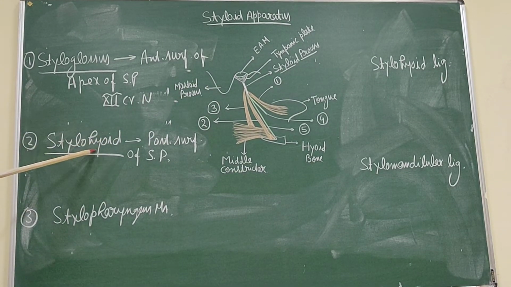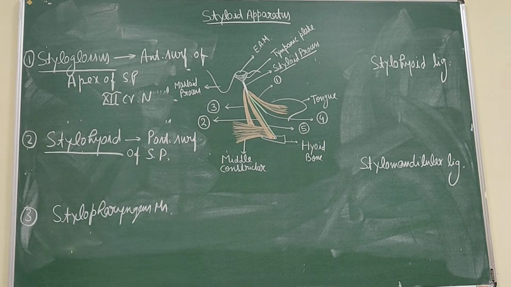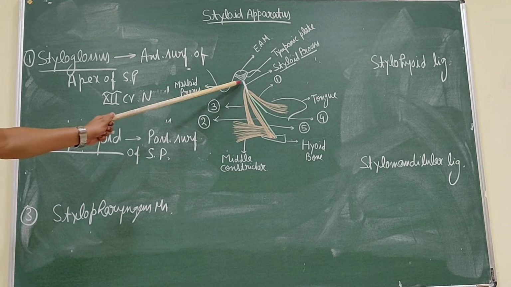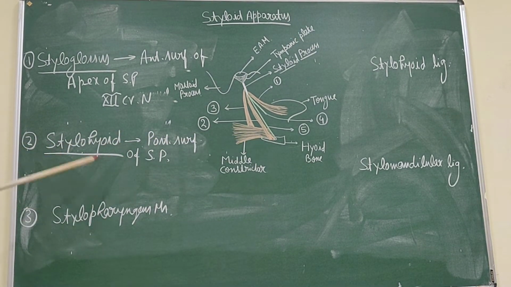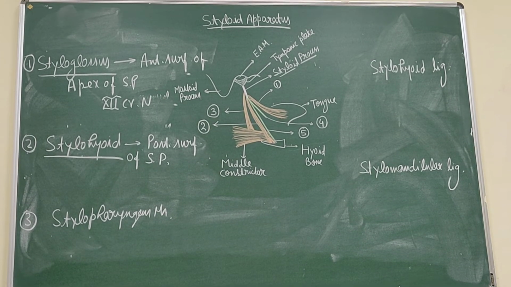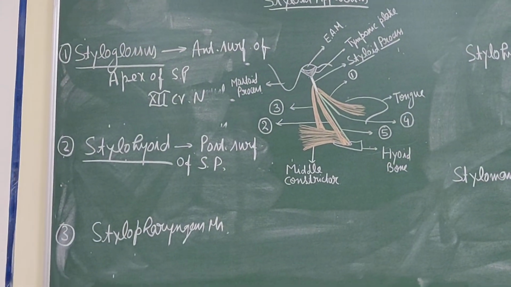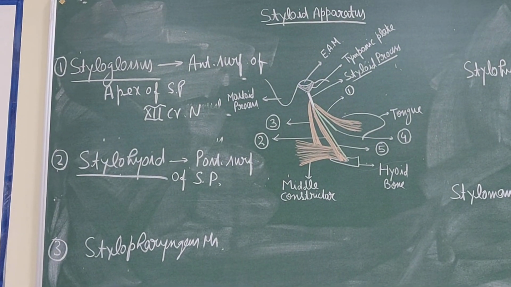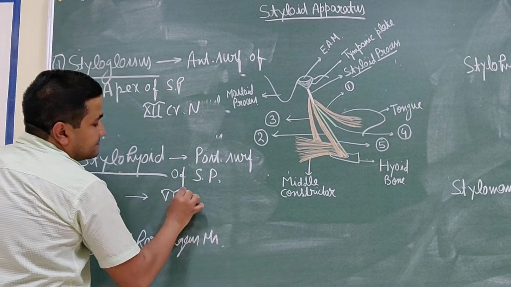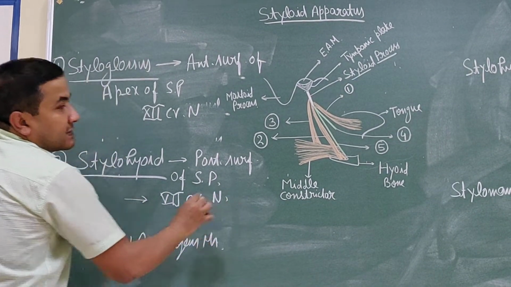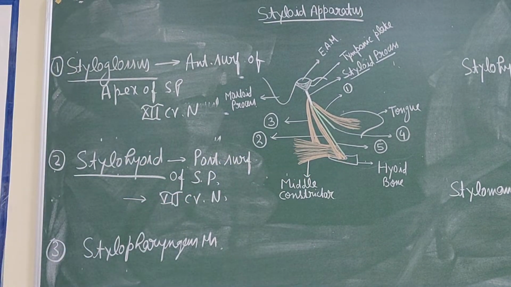The posterior surface gives origin to this stylohyoid muscle. This muscle originates from the styloid process and is inserted on the hyoid bone, so it is known as the stylohyoid muscle. We have discussed this muscle in the suprahyoid muscles. This muscle is the muscle of the second arch, so it is supplied by the 7th cranial nerve, and its action is on the hyoid bone. It elevates the hyoid bone.